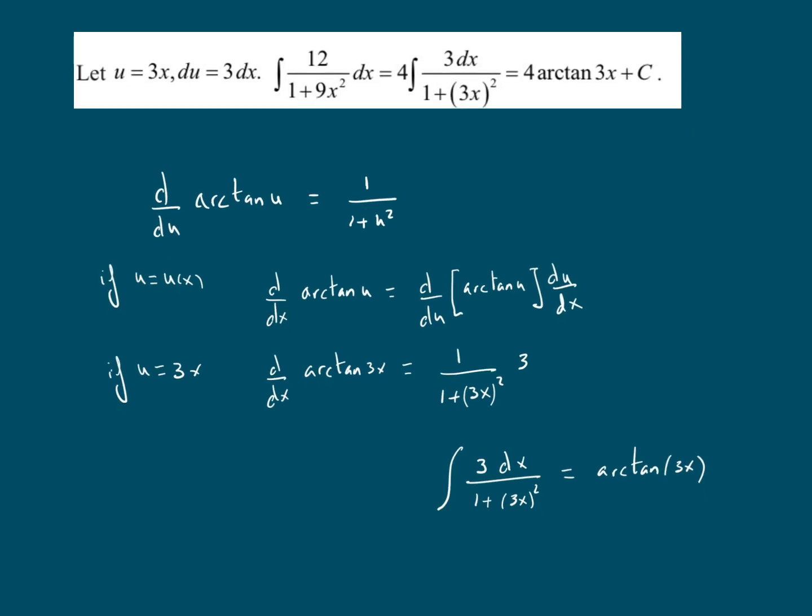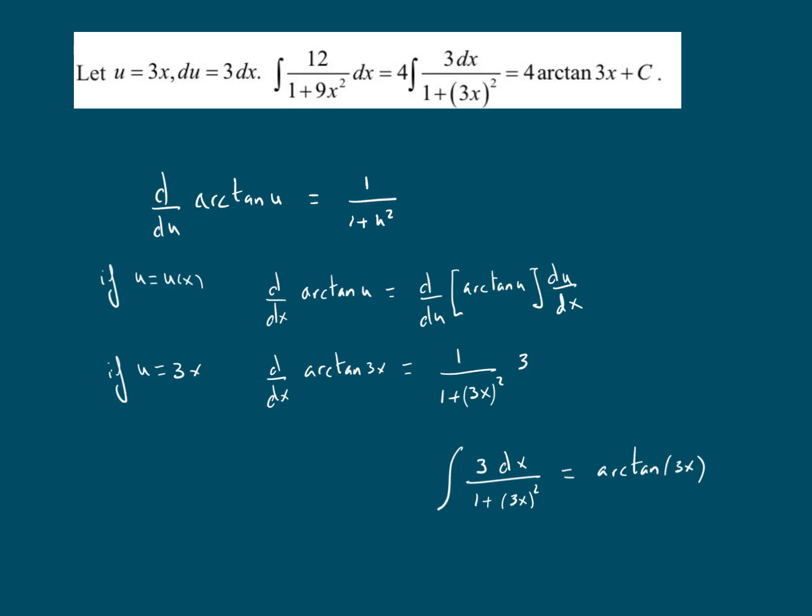So if u is 3x, the derivative with respect to x of arctangent of 3x is 1 divided by 1 plus the function squared, (3x) squared, multiplied by the derivative of the function with respect to x, which is 3.